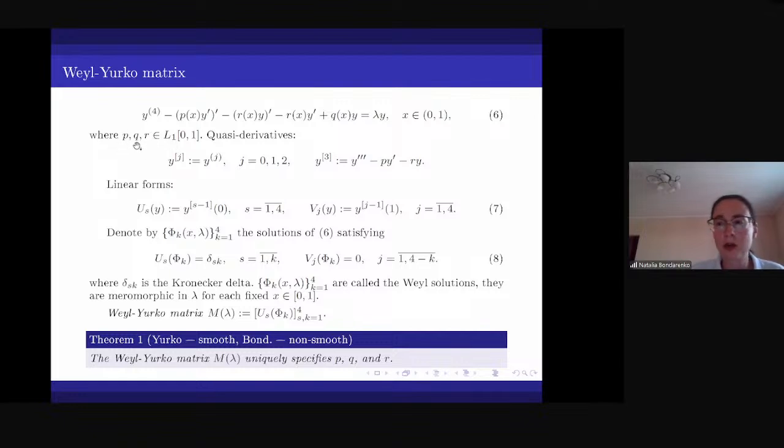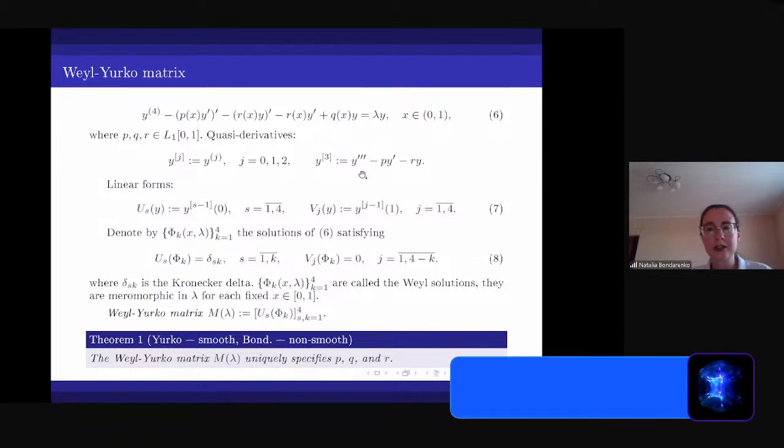These coefficients are not necessarily real valued; they can be complex valued. And to deal with this equation, let us introduce the quasi-derivatives. The quasi-derivatives for j equals 0, 1, and 2 exactly coincide with the usual derivatives, and the third quasi-derivative is defined by this expression.